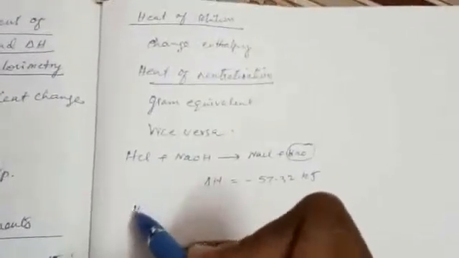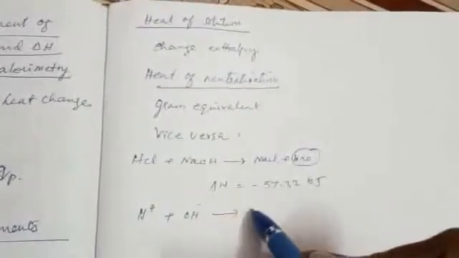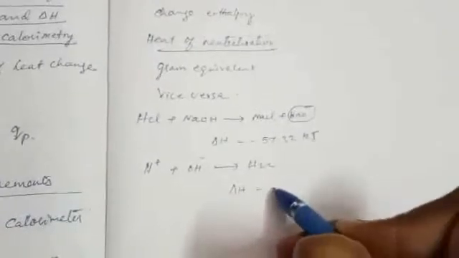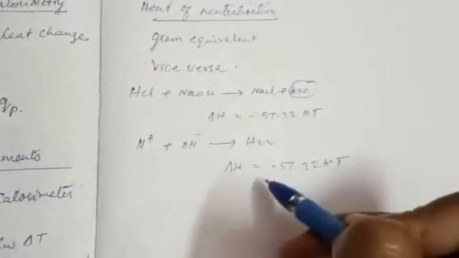Acid means simply H+, base means OH-, giving H2O, so the delta H value will be the same, 57.32 kilojoules, because of neutralization.